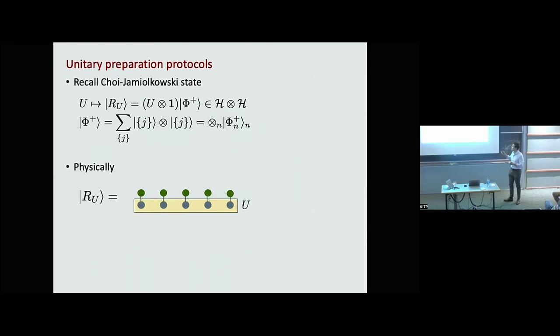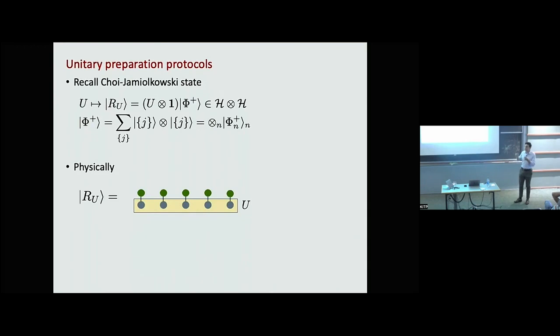And the idea is based on the concept of the Choi state. So the trick here is to first realize a protocol that constructs a Choi state, which is defined here. Given a unitary operation, one construction which is well known in quantum information is to map your unitary into a state by doubling the degrees of freedom.